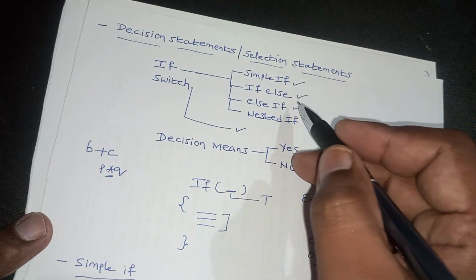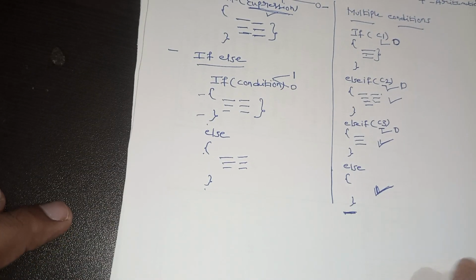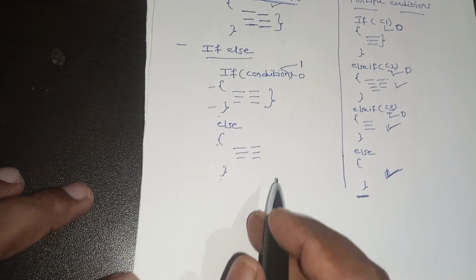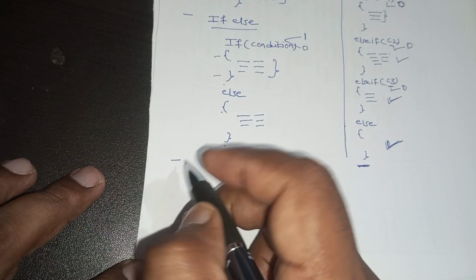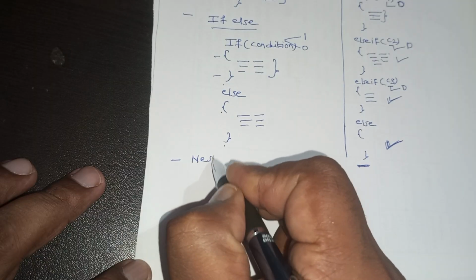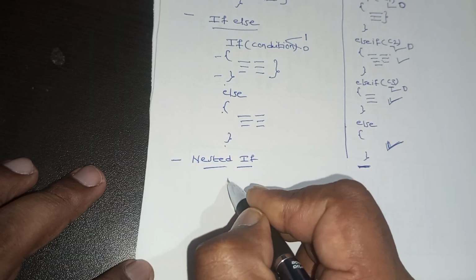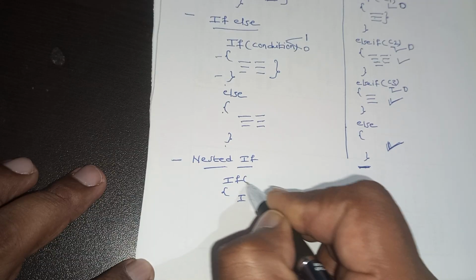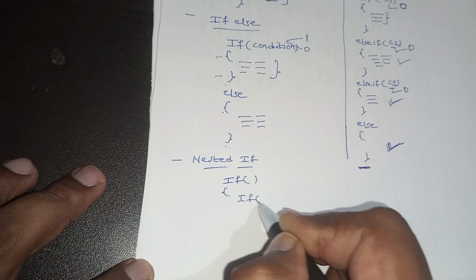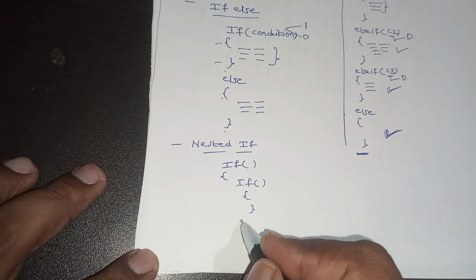So that is simple if else, and then else if. Now come to the nested if. What is nested if? See, I am writing here for nested if: if condition check, if condition check, else.